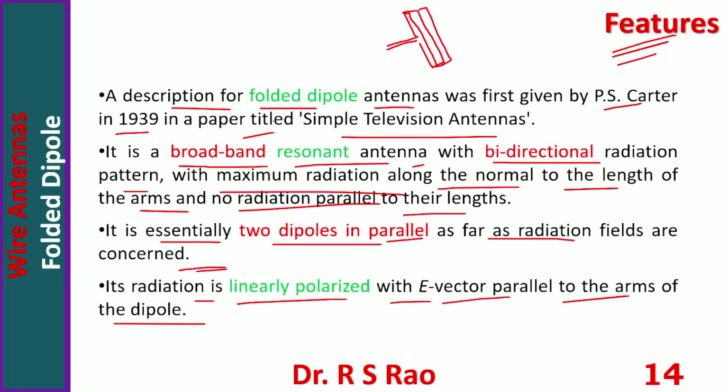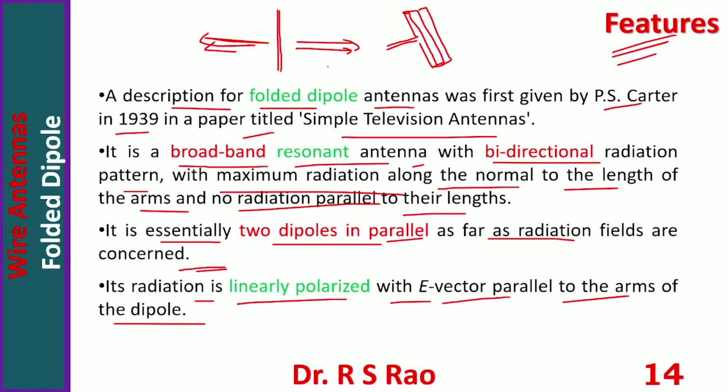Its functioning can be understood very easily. So this is a half-wave dipole. It radiates maximum normal to its length. Let us suppose it is radiating a certain amount. If we place a similar antenna near to this dipole, another dipole, like this, then this second one also starts radiating.